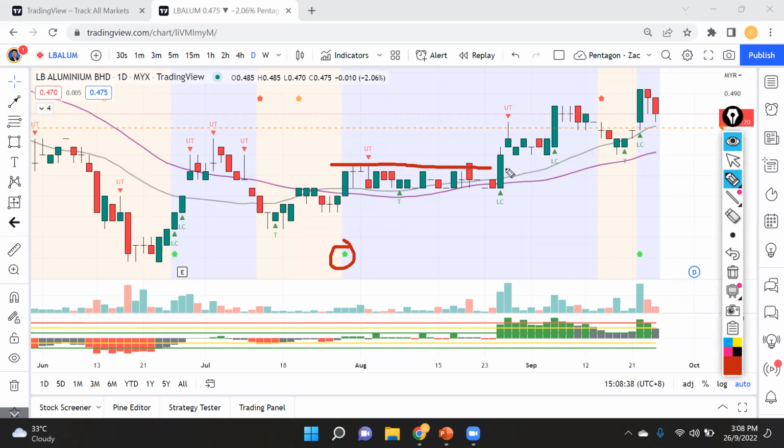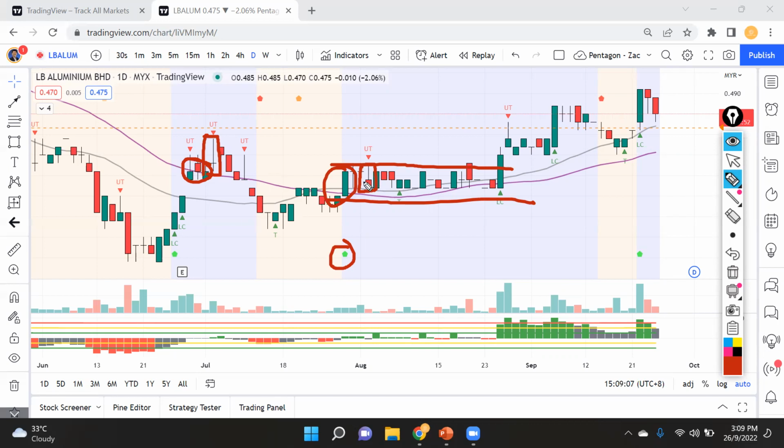If you notice this line change, it's not a big UT, it's a small UT compared to this green Pentagon bar. So overall it's still very healthy. But if your line change is pretty wide compared to a few candles ago, then likely a deeper pullback or distribution will happen.